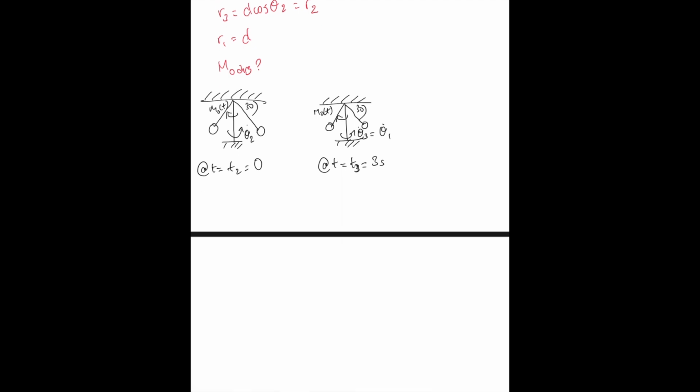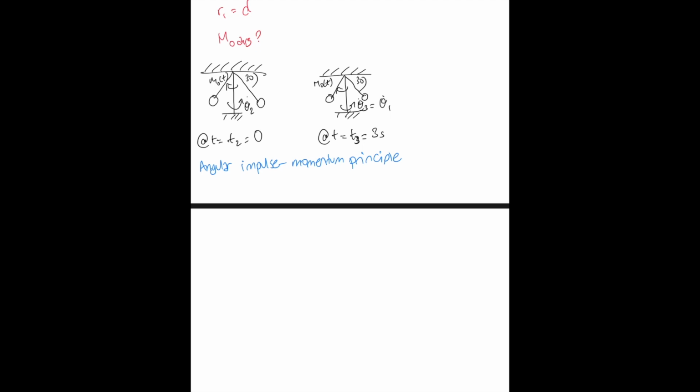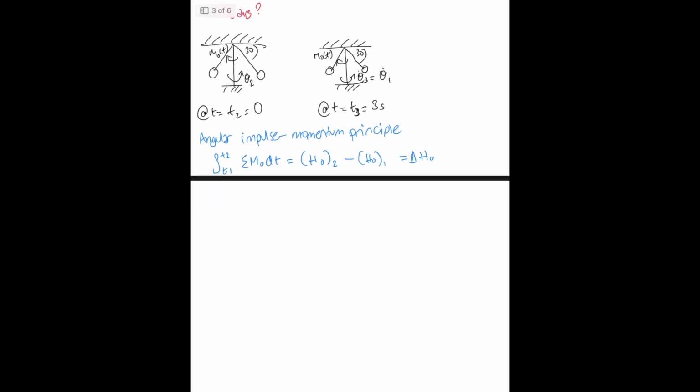To be able to solve this question, we need to know the angular impulse momentum principle. So the angular impulse momentum principle is where the integral of the sum of moments with respect to time is going to be equal to delta h, so h naught 2 minus h naught 1, or the change in angular momentum.